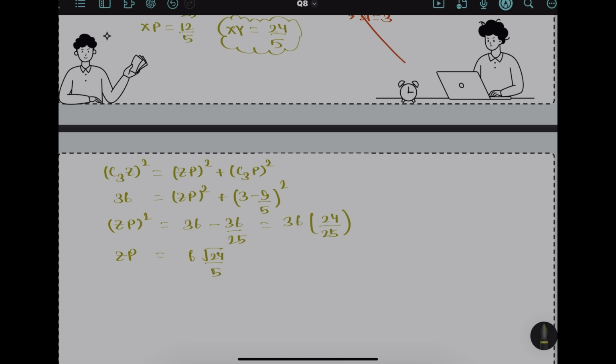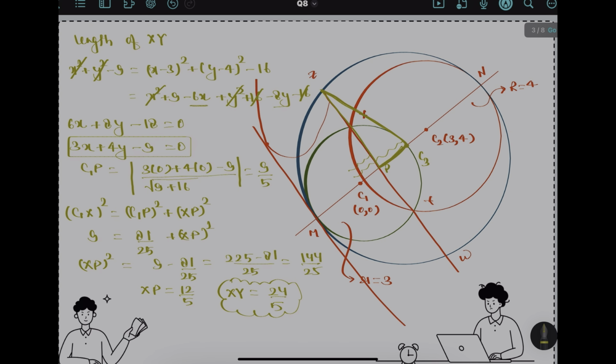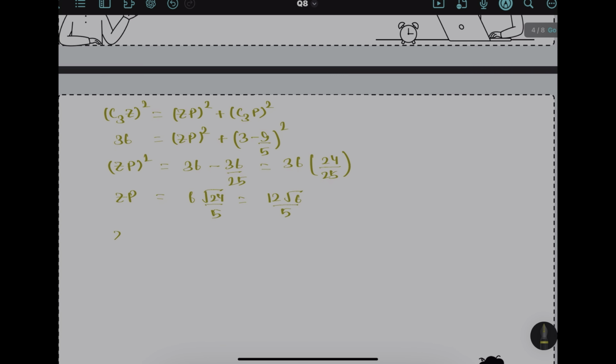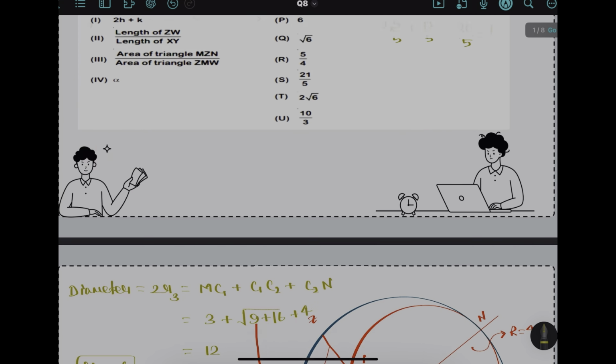So 24 you can write as 6 into 4, and 4 can be taken outside, so it will become 12 root 6 by 5. We are not interested in ZP, rather we are interested in ZW, so it is 2 times ZP, so ZW is 24 root 6 by 5.